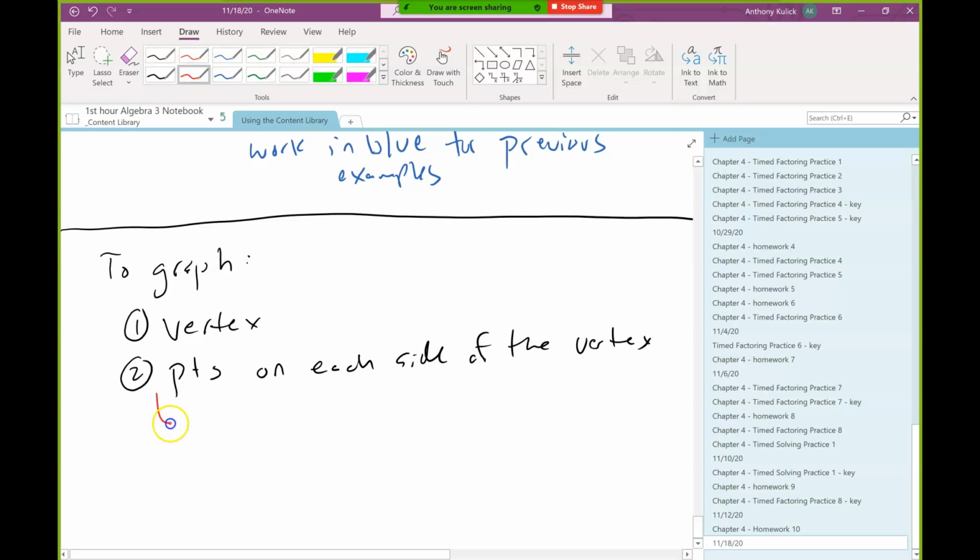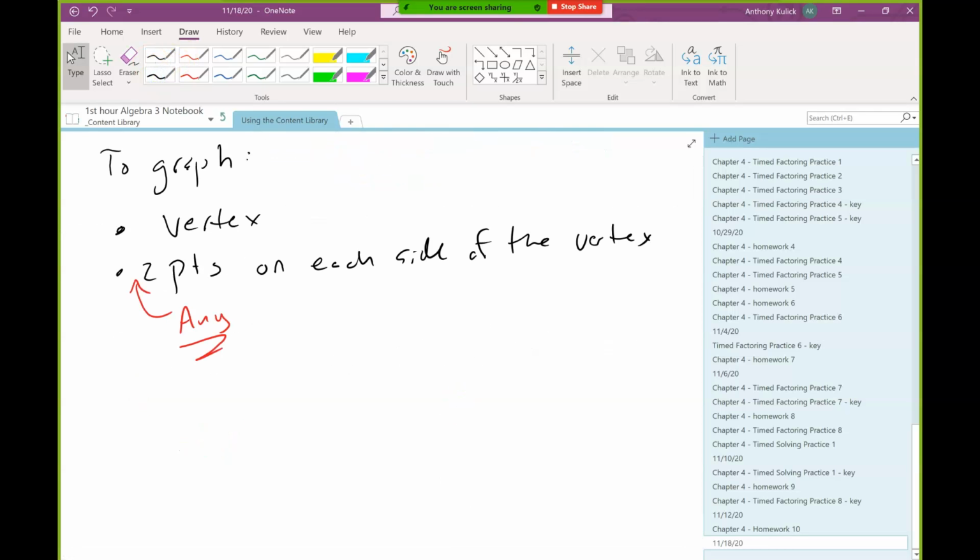And really I should say any 2 points on each side of the vertex, so we're going to have a choice there. Okay. So we know how to find the vertex. We just went through that. So let's just dive right in and do some examples.